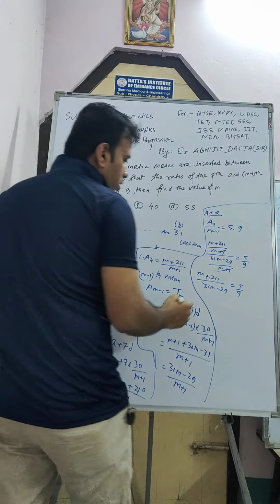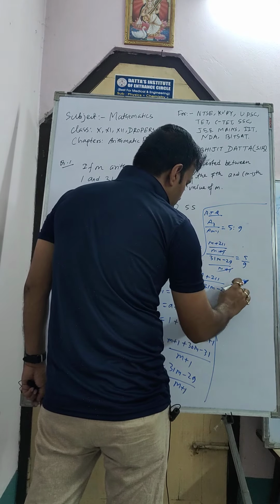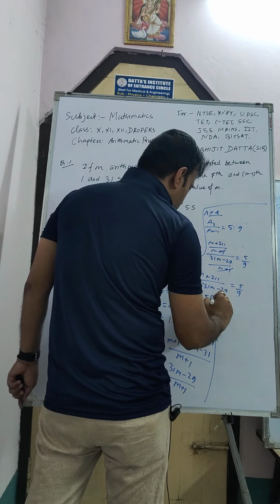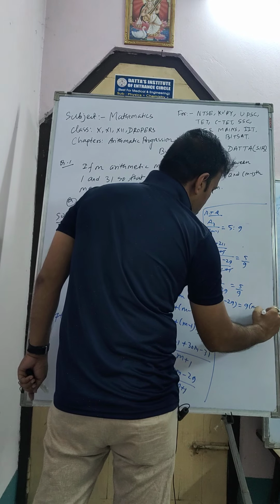Now cross multiply. It will be 5 into 31m minus 29 equal to 9 into m plus 211.